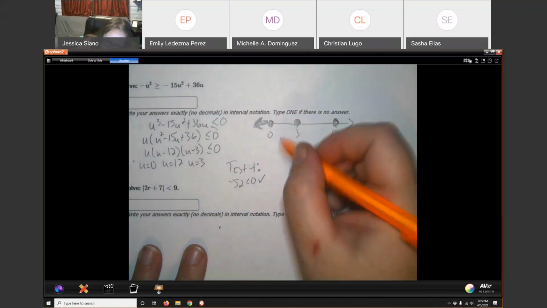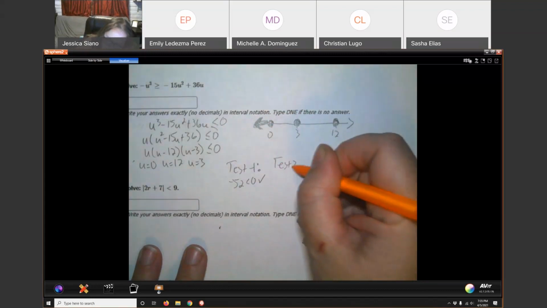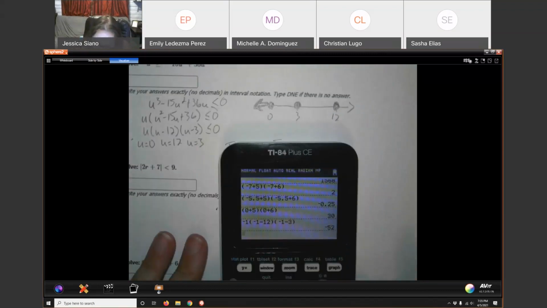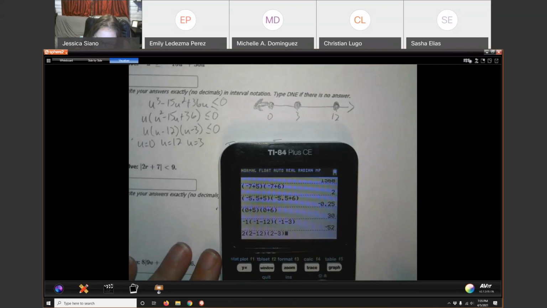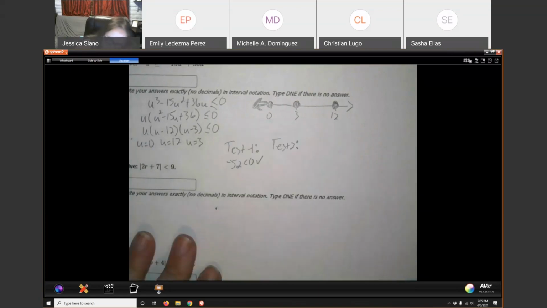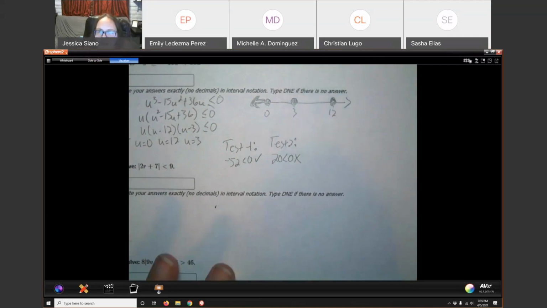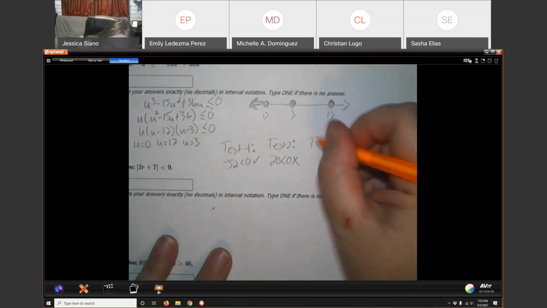How about 2? 20 is not less than 0, so I'm not going to shade in that section.